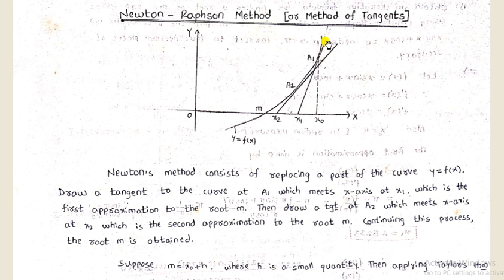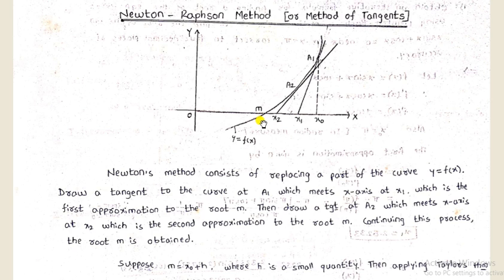Then draw the second tangent, which touches the curve and also meets the x-axis at x1. And similarly draw the next tangent which touches the curve at a2 and meets the x-axis at the point x2.